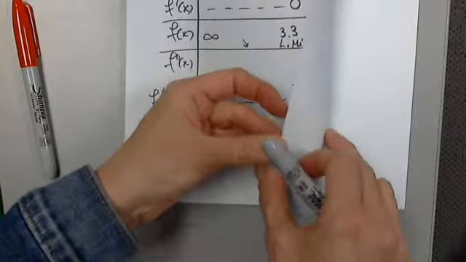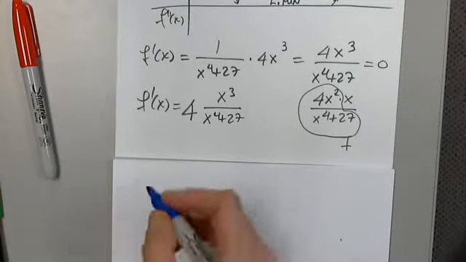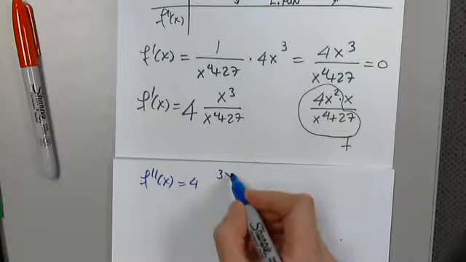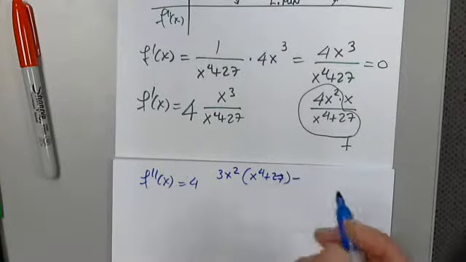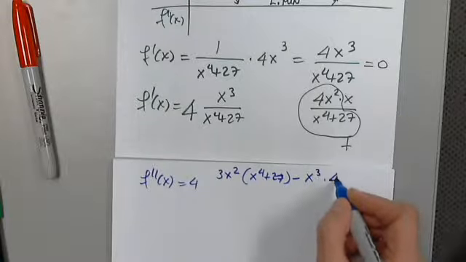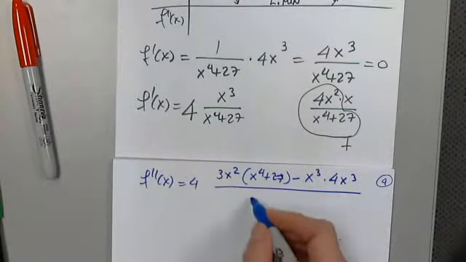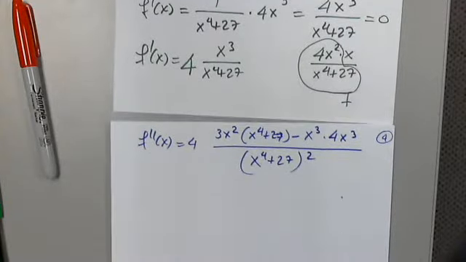So I'm going to differentiate to get the second derivative. 4, the top prime, 3x squared times the denominator, minus the top times the denominator prime. So far, so good?